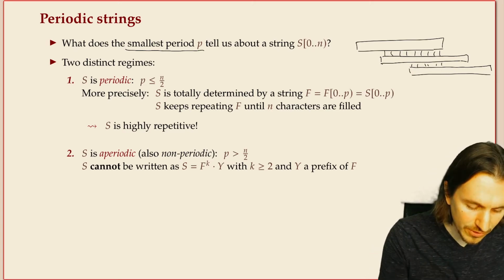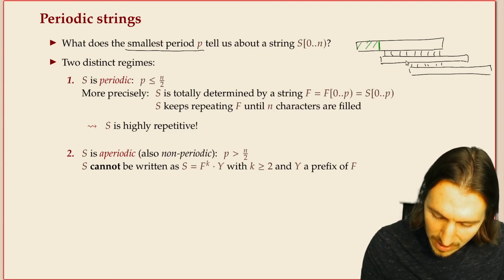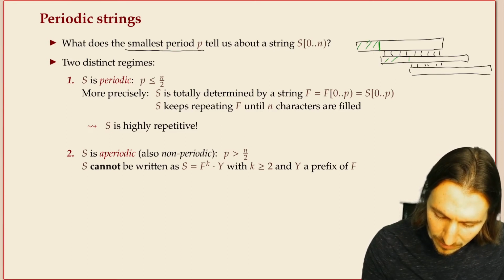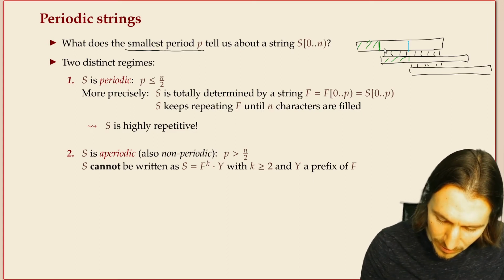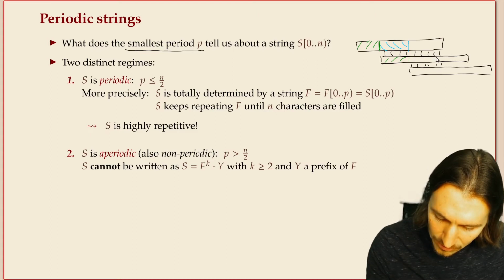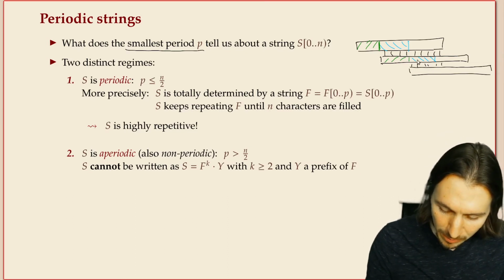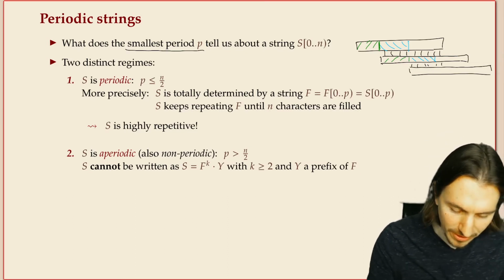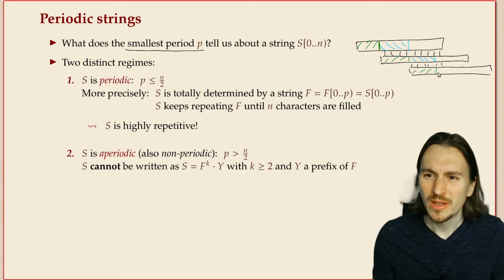And now what you see is this green part is also this green part. But this says it's equal to this part, which is also here. And so that blue part is the same as the green part, which occurs here another time.